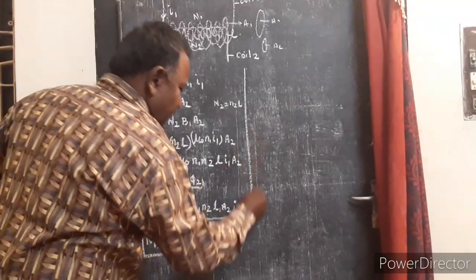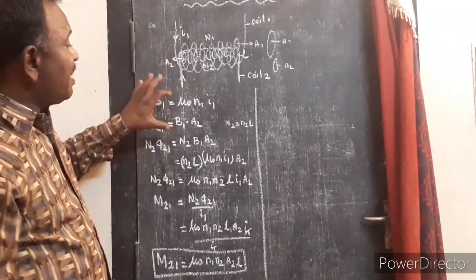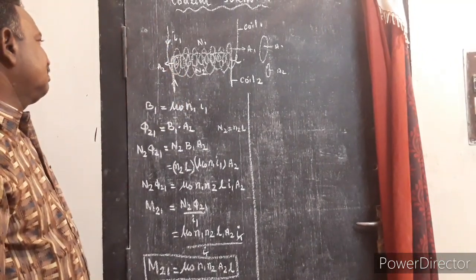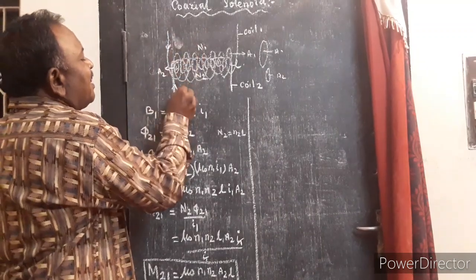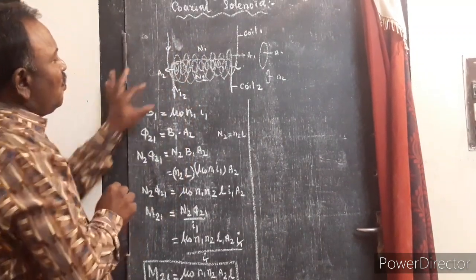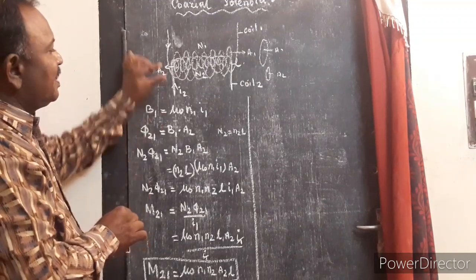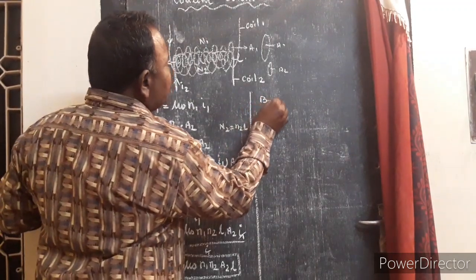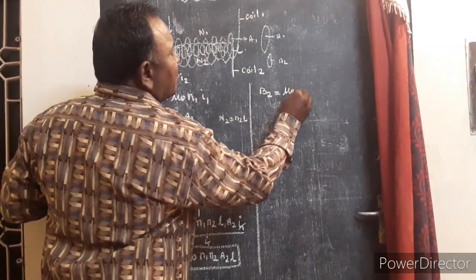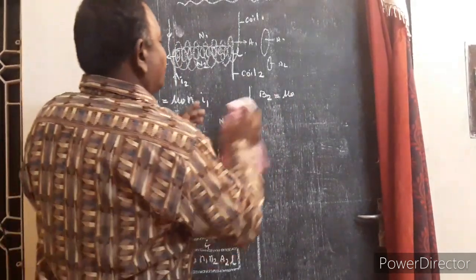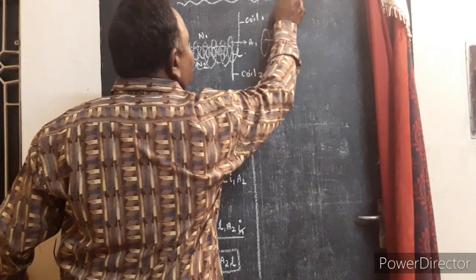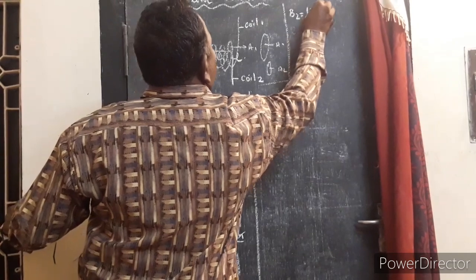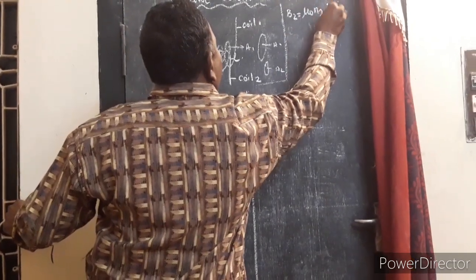In a similar way, we can also obtain the expression for the mutual inductance of the first one. Now, let I2 be the current flowing in the smaller solenoid, that is the smaller coil. This will produce a magnetic field B2 equal to mu naught n2 I2.